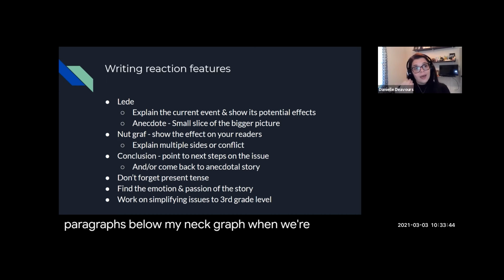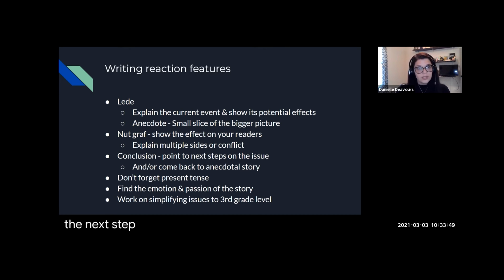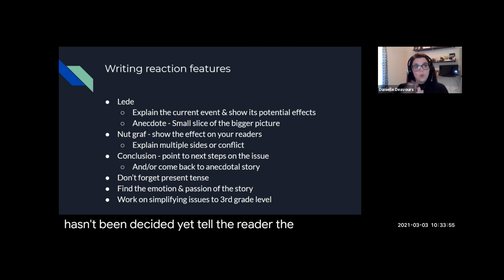When we're wrapping up our story in the conclusion, we want to point to the next steps on the issue. If it's something that hasn't been decided yet, tell the audience what those next steps are in terms of a bill or a policy. Where is it in the pipeline of lawmaking? And what does the timeline for it passing or not passing look like?